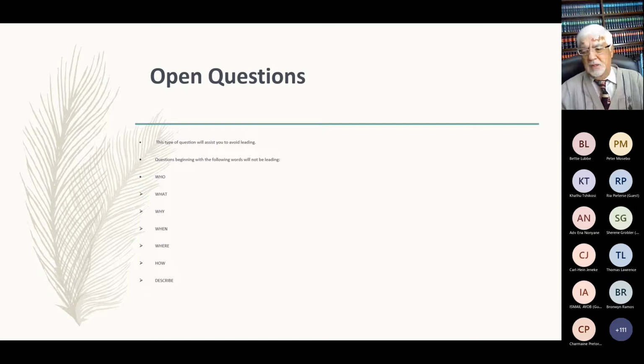And this is a useful technique. When you begin your question with these words, who, what, why, when, where, how, describe. Those are open questions, okay? Who did you notice on the scene? Okay. What happened when the defendant arrived?